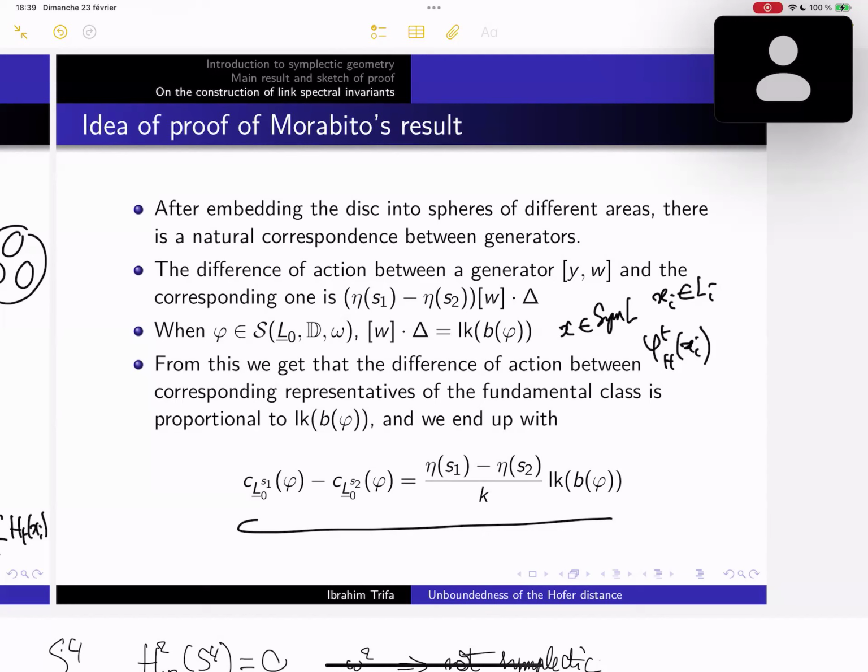Now the intersection product between W and the diagonal will correspond to times at which the strands of your braid cross each other to go from your braid to the trivial braid. One can check that this is exactly the definition of the linking number of the braid, and therefore we get Morabito's theorem here. Thank you for your attention.